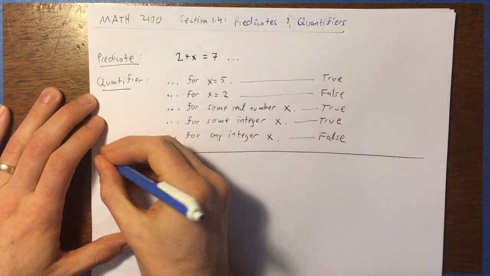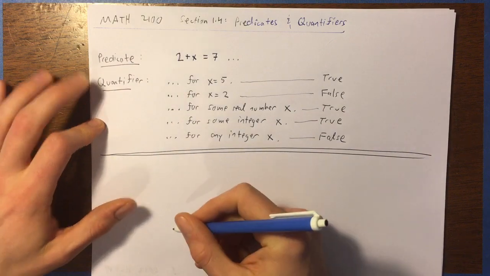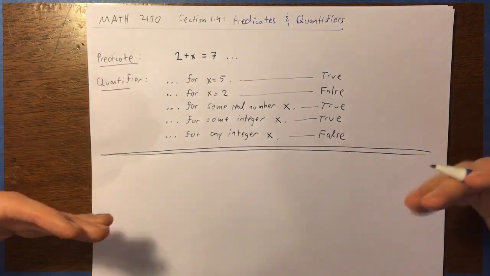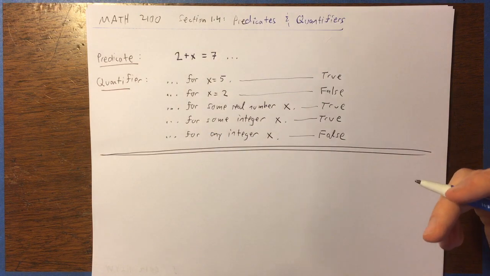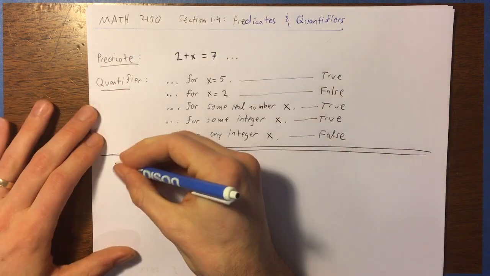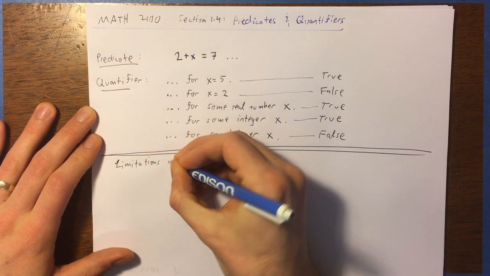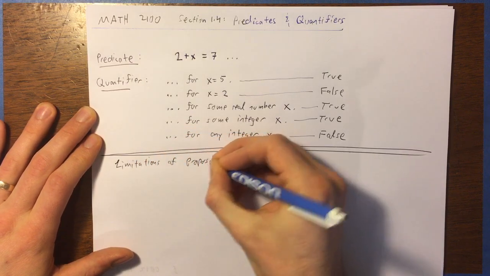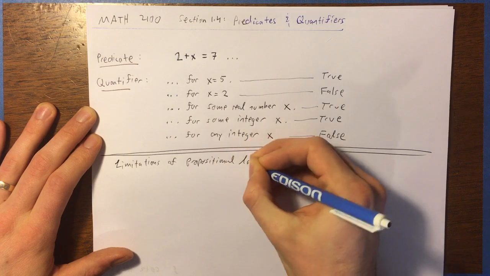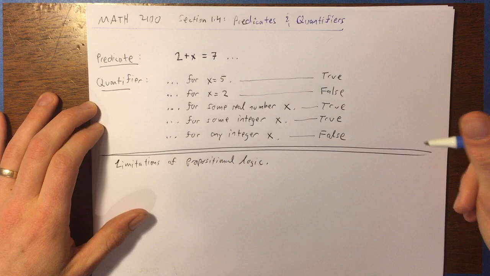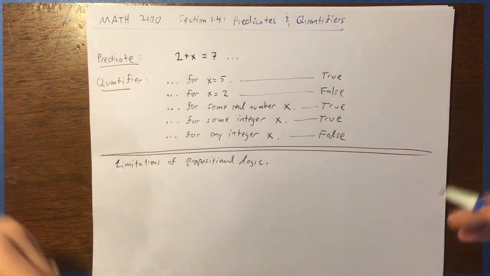All right, before I go more into depth about what predicates and quantifiers are and the notation involved, I want to motivate the study of this subject a little bit by talking about the limitations of propositional logic. One subject that we are working towards in Chapter 1 is the idea of arguments and proof.